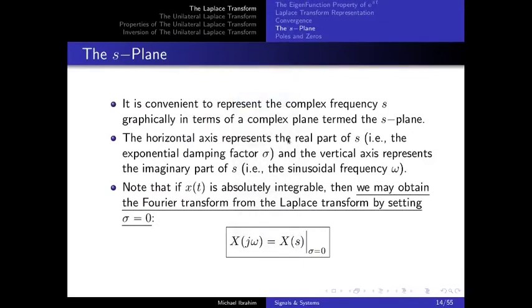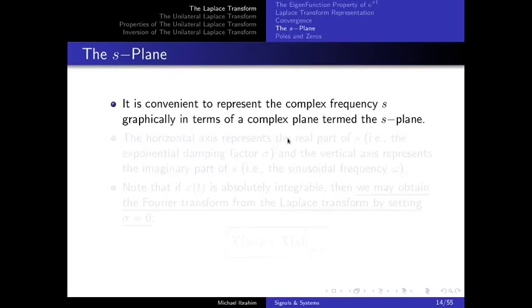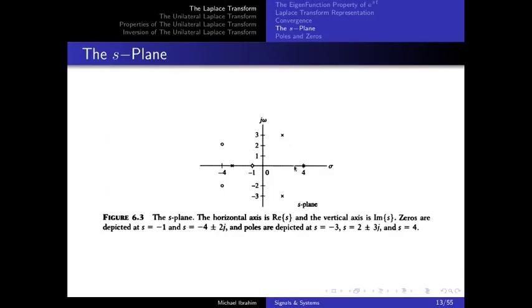This simply says that if this is the s-domain, sigma equal to 0 is basically this imaginary axis, the j omega axis. So setting sigma equal to 0 is as if we are evaluating the value of X of s only along the imaginary axis, the j omega axis.